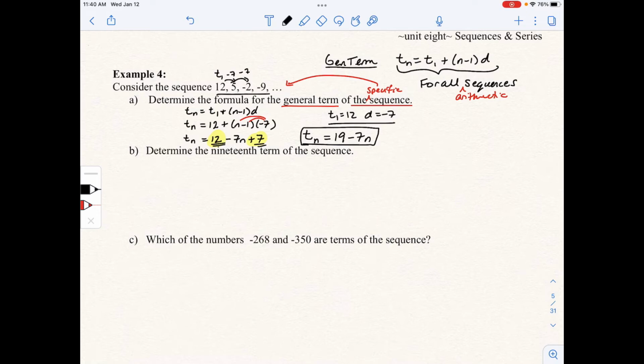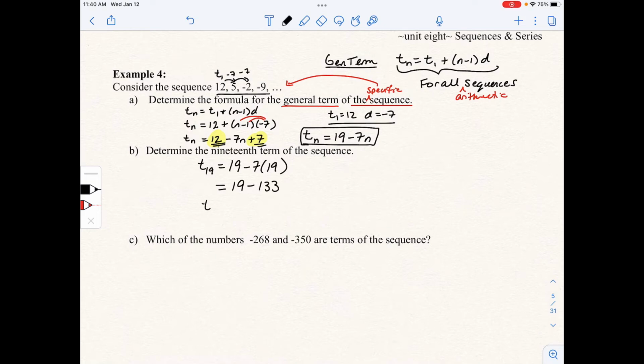So now instead of using the longer formula, if I want to find term 19, I can just plug that into this: 19 minus 7 times 19, which is 19 minus 133.